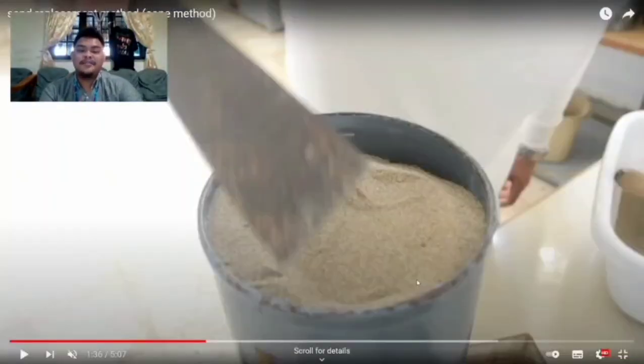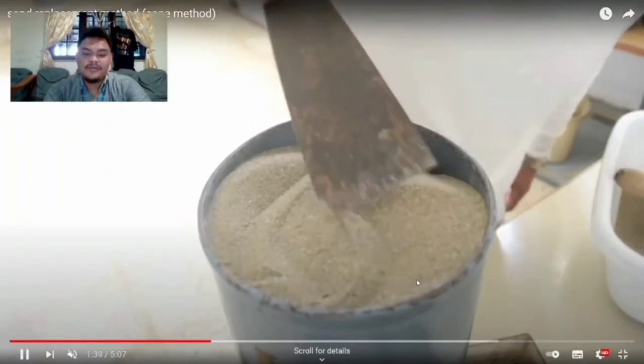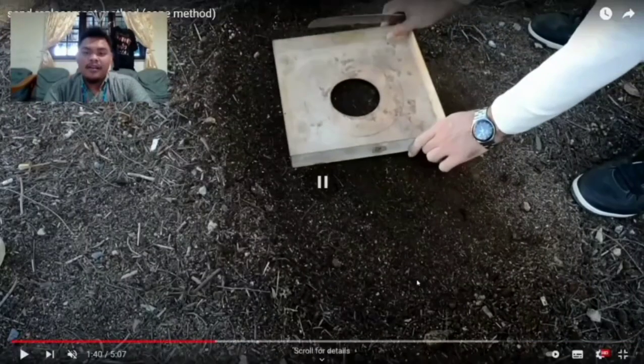Thank you, Atta. My name is Muhammad Faizul and I'm going to continue the procedure at site. First, clean the surface of the tested area by using a scraper.